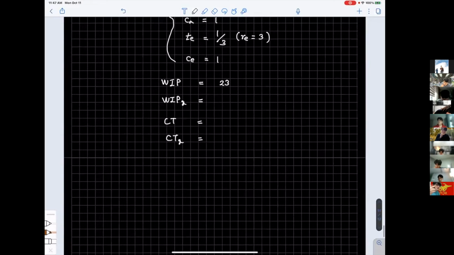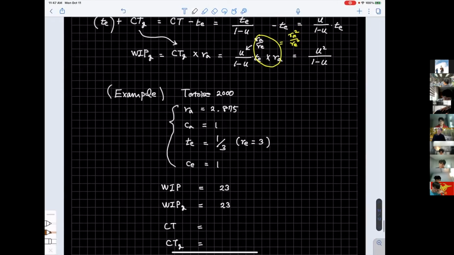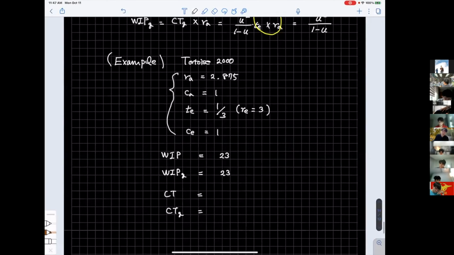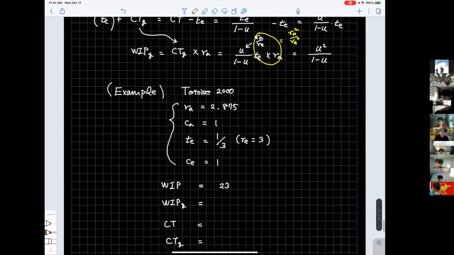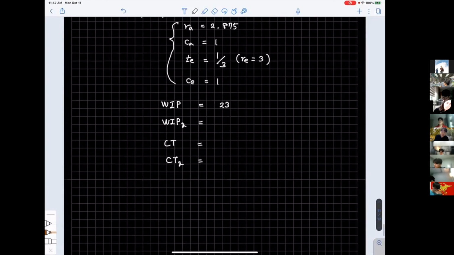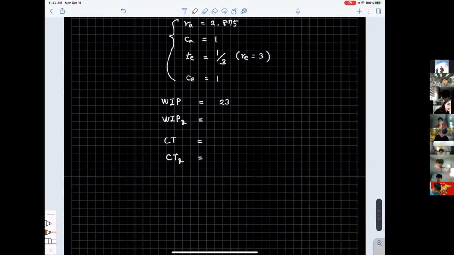Then the WIPQ will be very easily calculated because this will be subtracted from the number. But I will not use this method. We have to calculate this one. Then how about WIPQ?